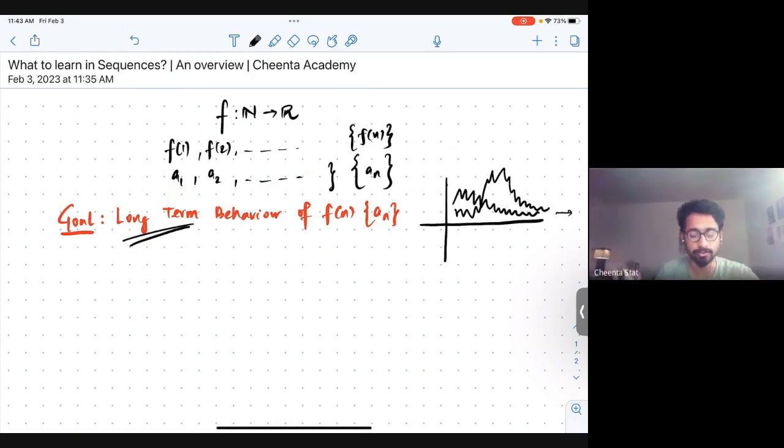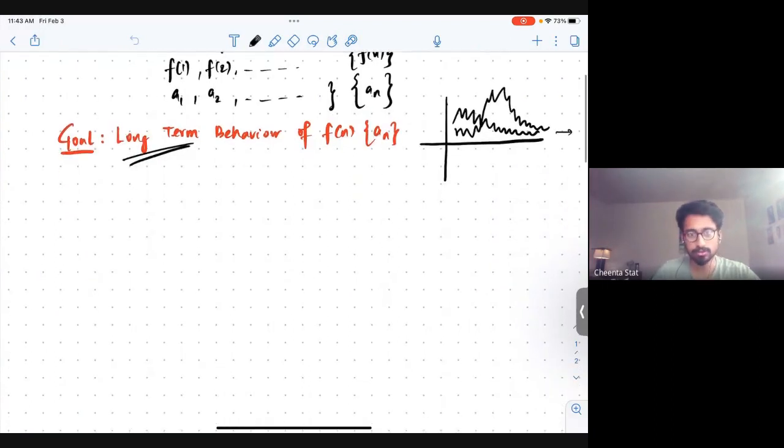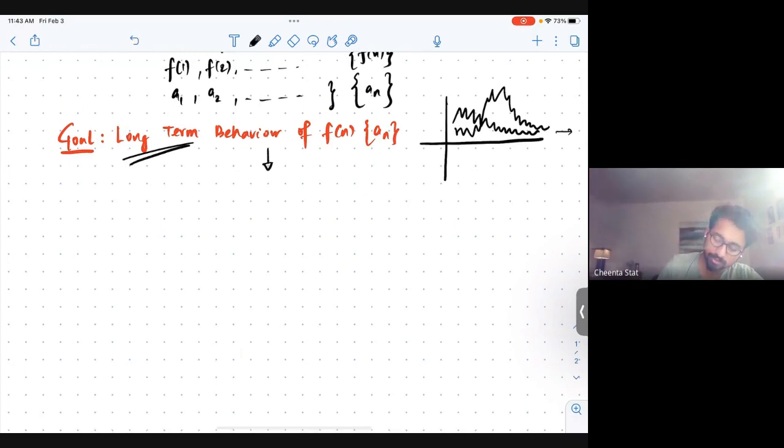Now, as we know this, the first part of our learning is based on one very crucial thing: understanding long-term behavior, which is defined as convergence or limit.